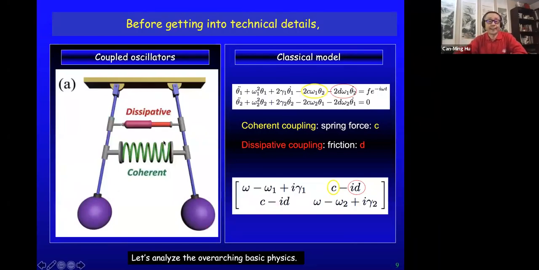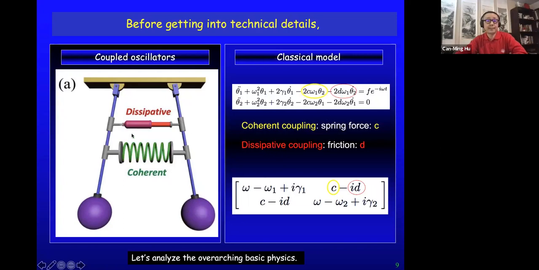Imagine you have one oscillator and a second oscillator. They are coupled by a spring force as well as a frictional force. For example, you can build a dashpot between these two oscillators. Then mathematically, these two oscillators are coupled. One term is the spring force that is proportional to the displacement.